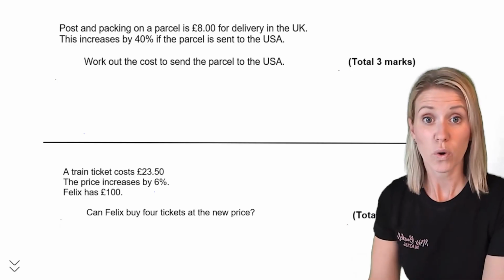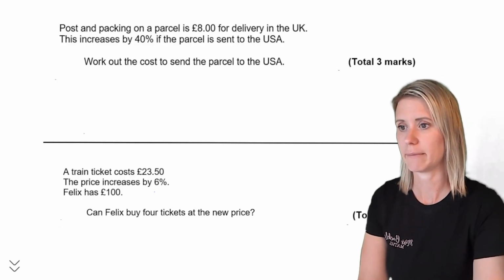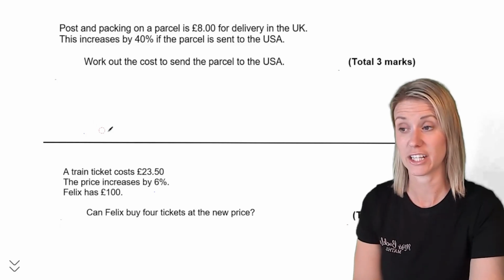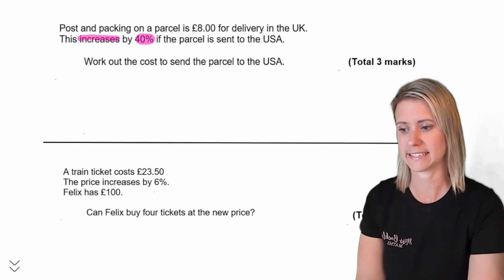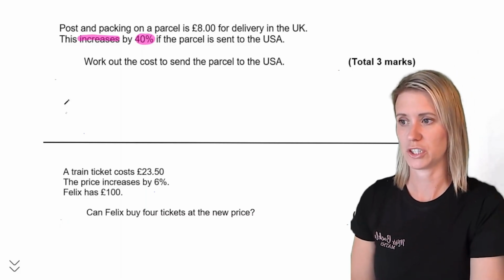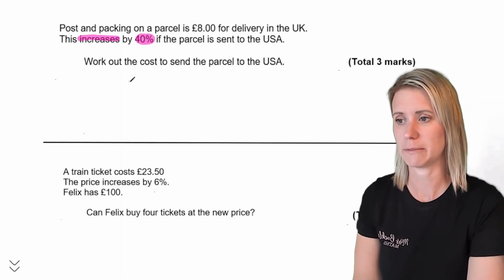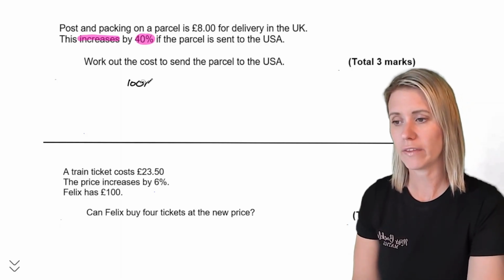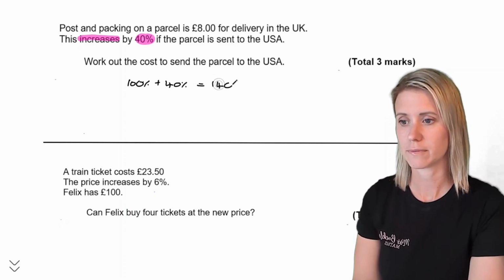Let's finish with a worded style 3-mark and a 4-mark question. Post and packaging on a parcel is £8 for delivery in the UK. It increases, so we're going up by 40% if it's sent to the USA. Work out the cost to send the parcel to the USA. So we're effectively increasing £8 by 40%. So we're adding on that 40% to give us 140%.